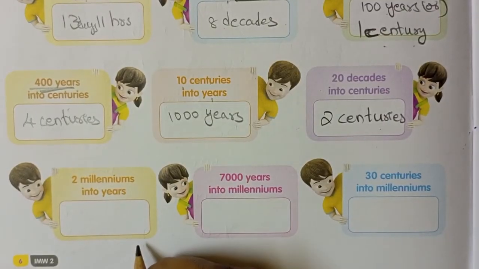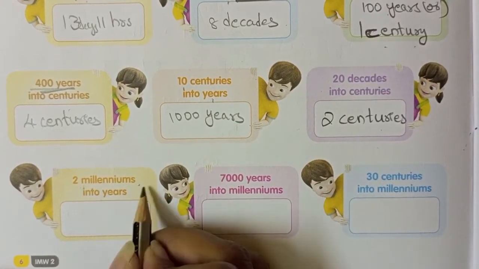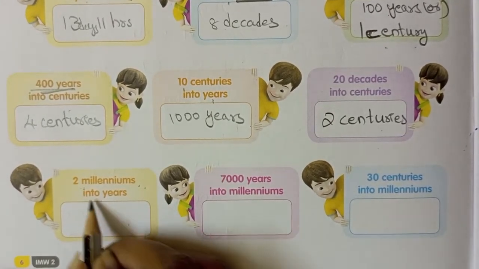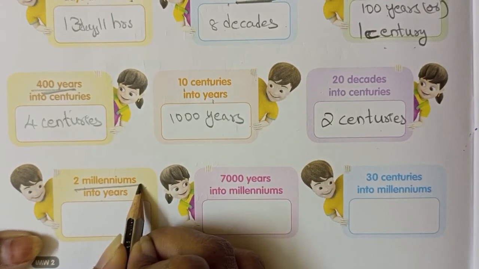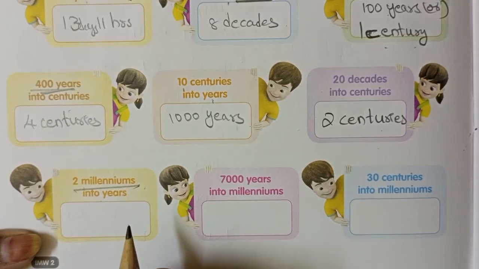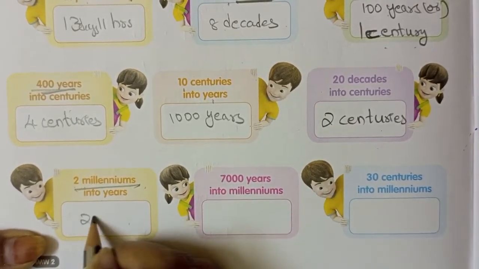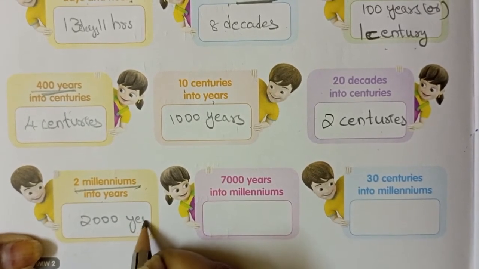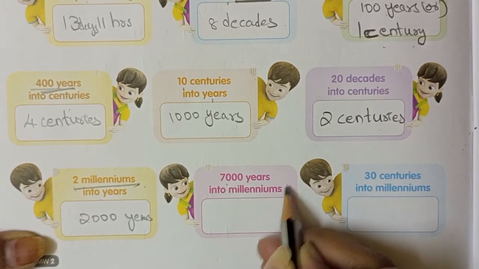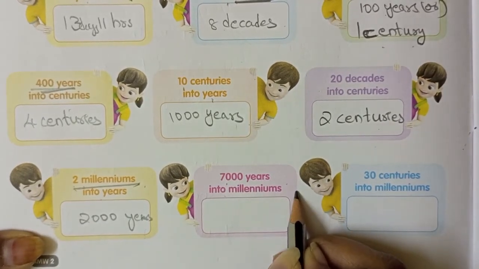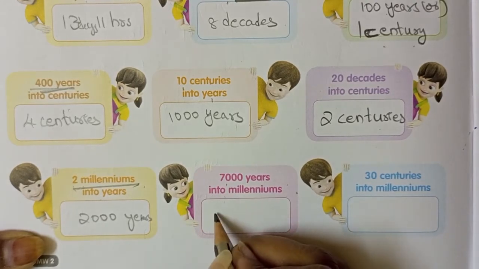Now see the last one. 2 millenniums into years. 1 millennium means 1000 years. So 2 millenniums means 2000 years. Next, 7000 years into millenniums.